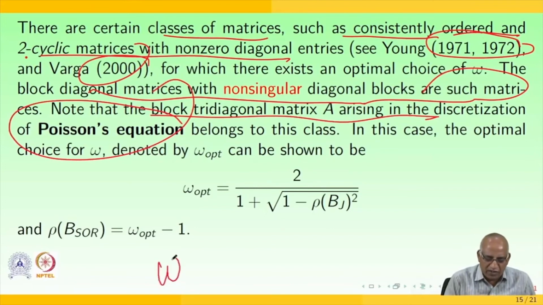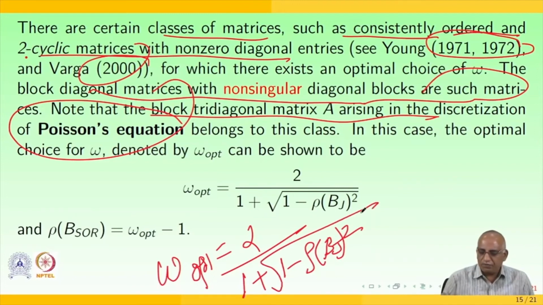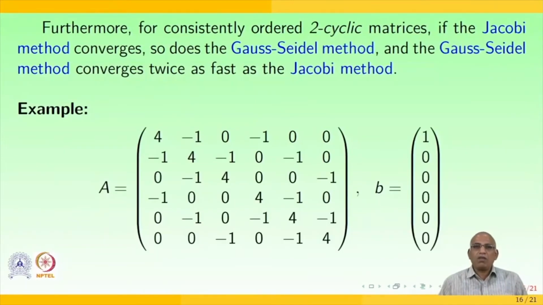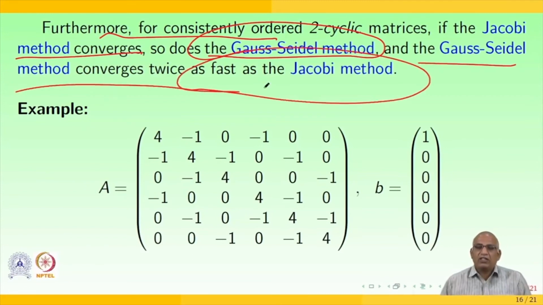So for example, omega optimal is nothing but 2 upon 1 plus the square root of 1 minus sigma beta j squared. Furthermore, for consistently ordered two-cyclic matrices, if the Jacobi method converges, so does the Gauss-Seidel method, and the Gauss-Seidel method converges twice as fast as the Jacobi method.